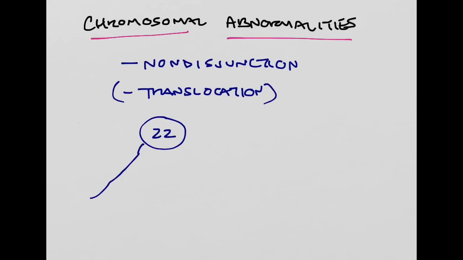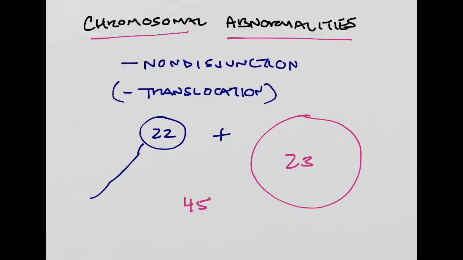And if that were to combine with an egg that has the proper number of haploid chromosomes, then you can see that together there will only be 45 chromosomes in the resulting zygote, which is the first cell that's formed after fertilization. And that's a problem if you don't have enough chromosomes.